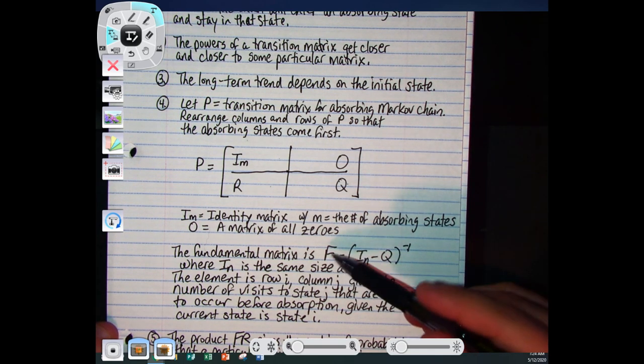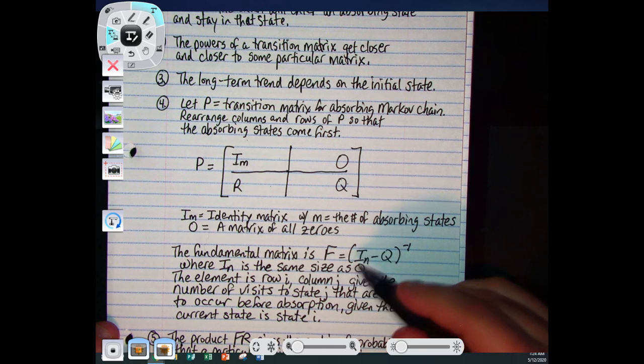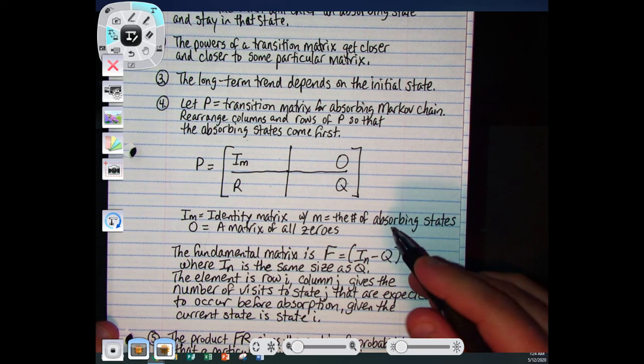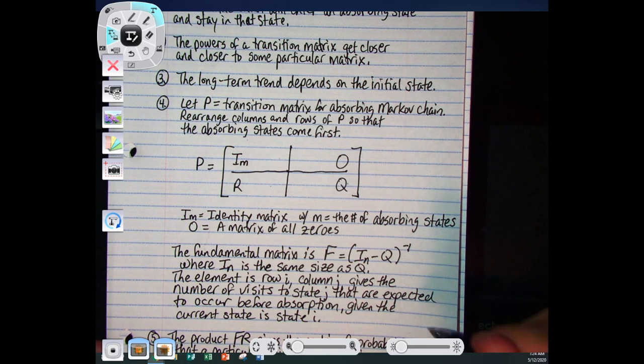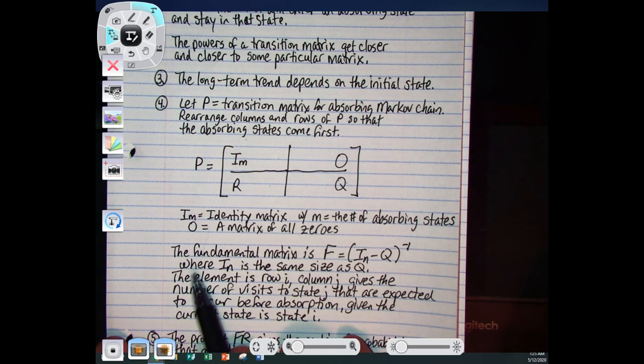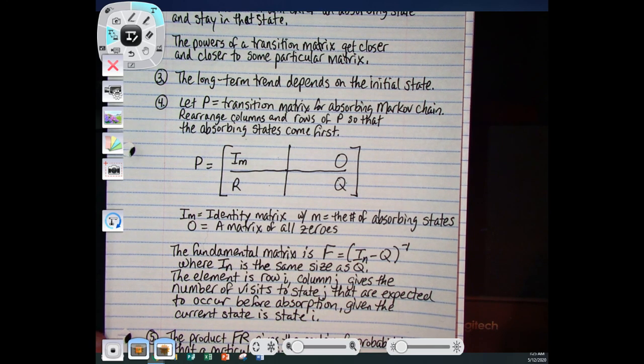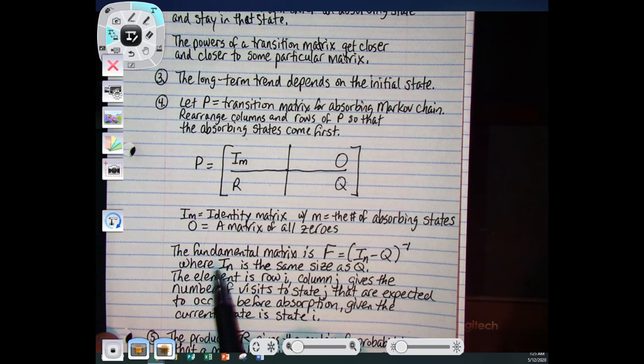To find the fundamental matrix, we use I of n minus Q, and we take the inverse of that. And we say that I of n is the same size as Q. The element in row i, column j gives the number of visits to state j that are expected to occur before absorption, given the current state is i.